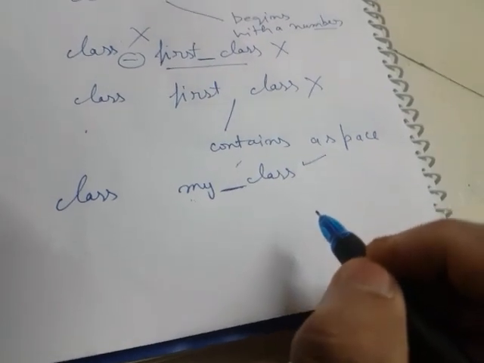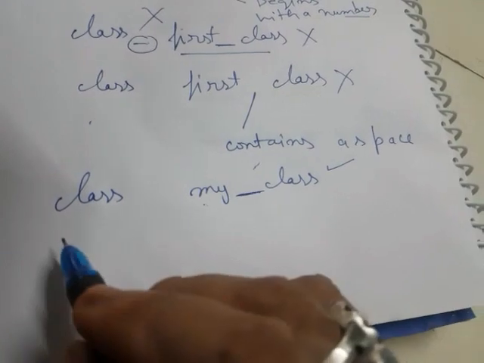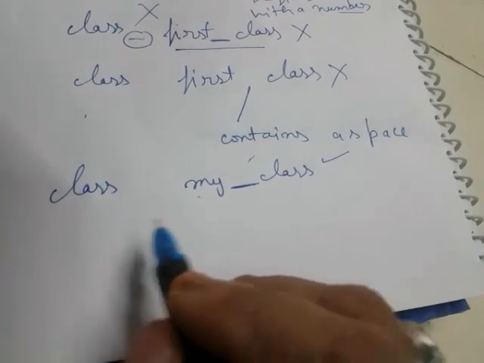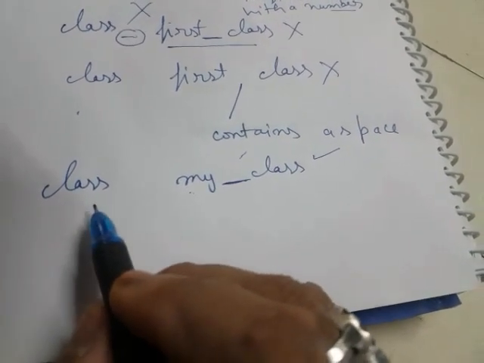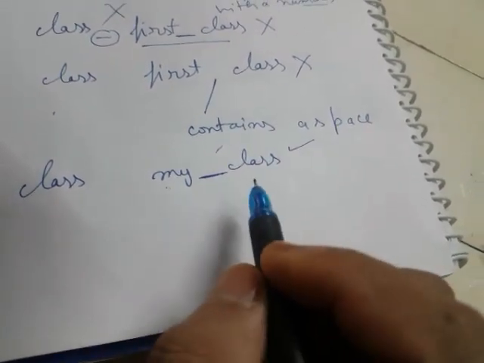One advice: whenever you design a class, always try to write in small letters. Class is a keyword which is always in small letters, but for identifiers also I suggest that you use small letters.